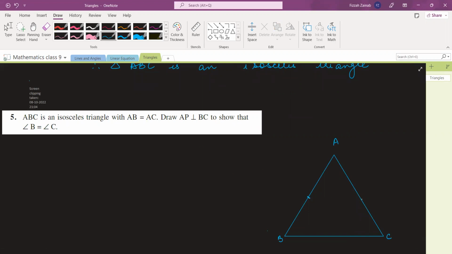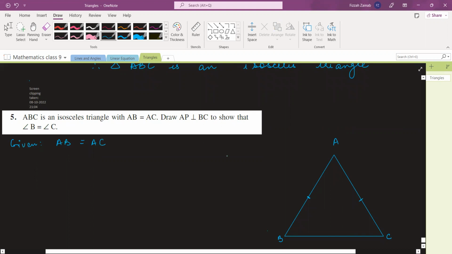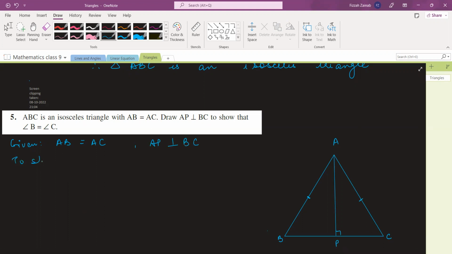So this side is equal to this side. Write down what is given here. So it's already isosceles, that means AB is equal to AC. Draw AP perpendicular to BC. So you have to draw a perpendicular line from here like this, right? And this is P. So AP is perpendicular to BC. This is also given. Show that angle B is equal to angle C.